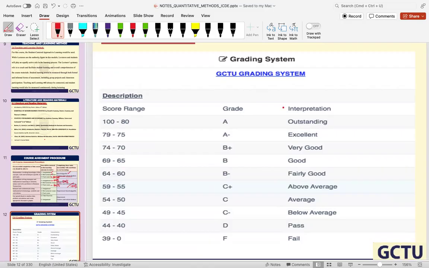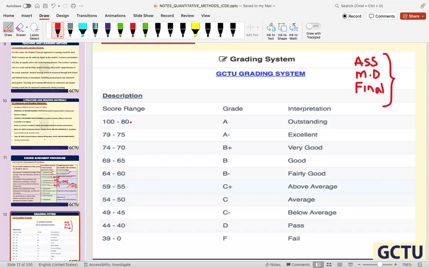So at the end of the day, if I put all your assignments marks together, and then I add it to your mid-semester exam, and then I also add it finally to your final semester exam, then the total marks you get here will have to fall within one of these ranges.